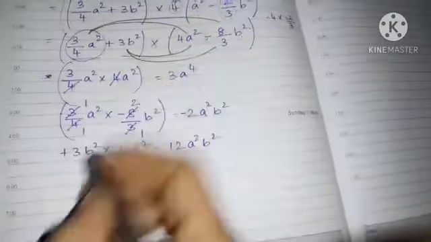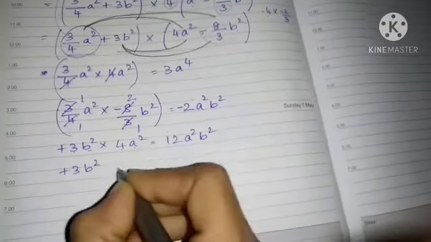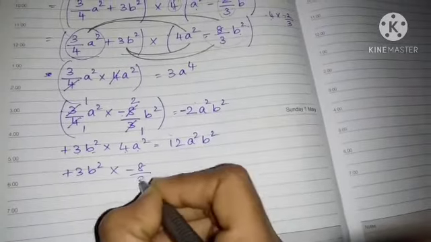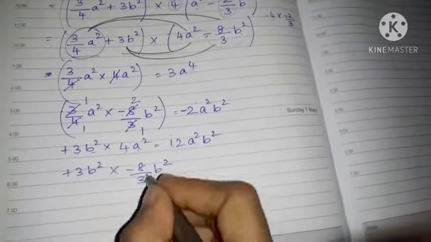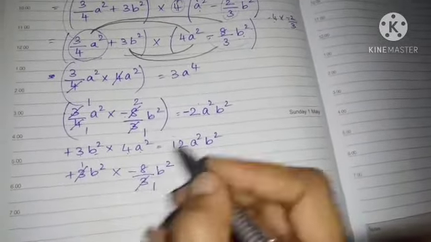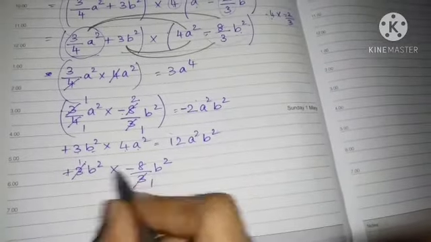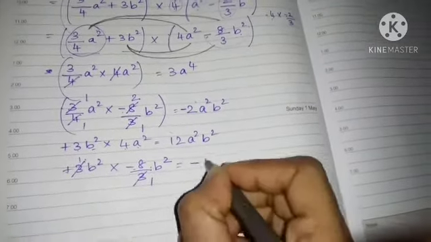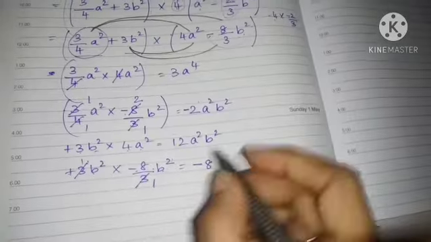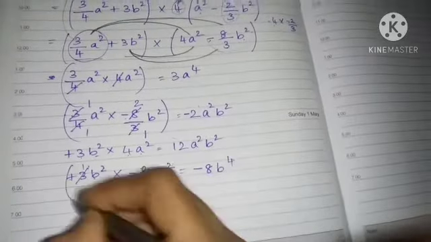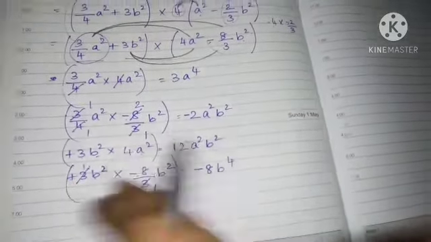Next plus 3b square into minus 8 by 3 b square. 3 1s are 3, 3 1s are 3. So 1 plus 1 into minus 8 is minus 8. b square into b square, b power 4. So I got 4 terms now.